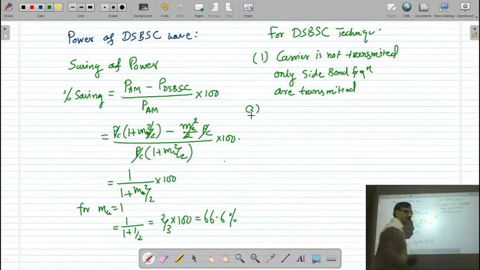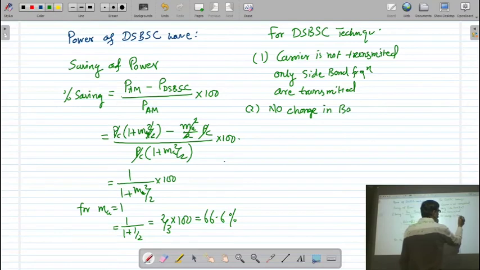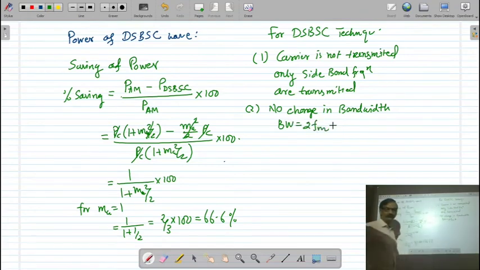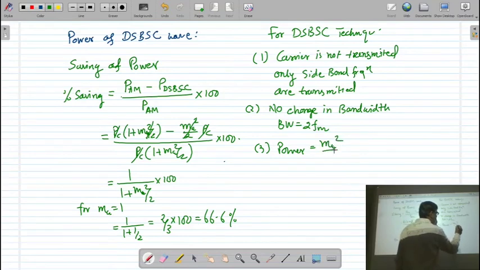Second one, there is no change in the bandwidth. Means the bandwidth will remain as it is, a two-way band. Third one, that the power is given as Ma squared by 2 into Pc.